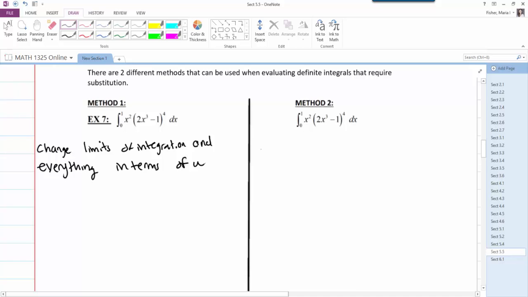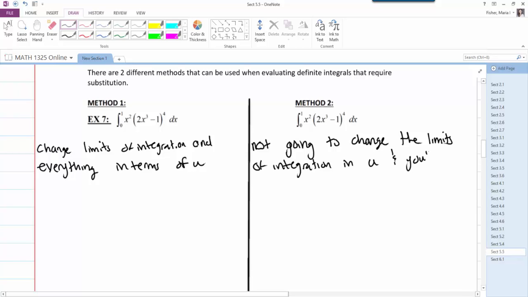The second method is you're not going to change the limits of integration, and you'll go back into x to solve. So for the first method, we're going to make everything in terms of u and solve it without getting back into x's. In our second method, we're actually going to get back into x's because we're not going to change our limits of integration.